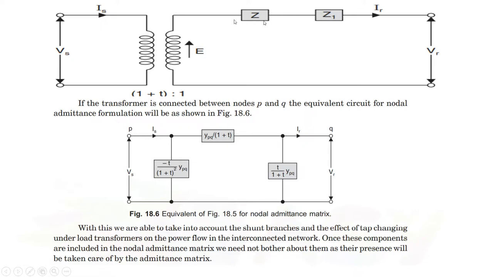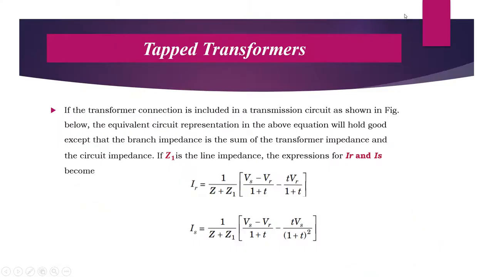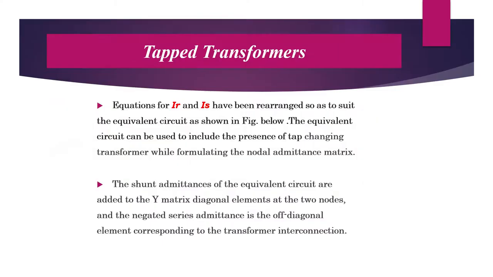So if the transformer connection is included in a transmission circuit, the equivalent circuit representation still holds good, except that the branch impedance is the sum of the transformer impedance and the circuit impedance. The IR and IS equations we got above still hold good. What does that mean? That means that along with Z we are adding Z1, otherwise the remaining part is the same.